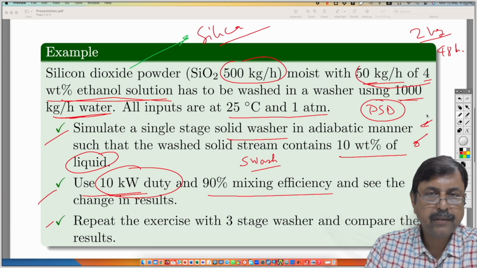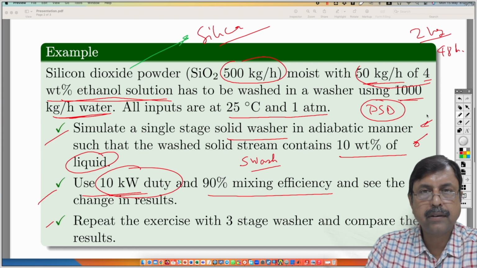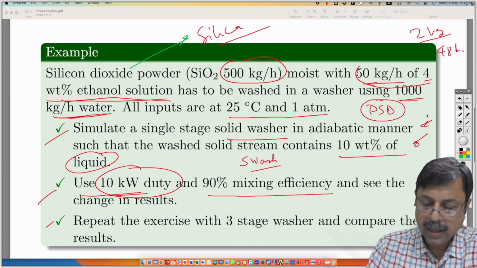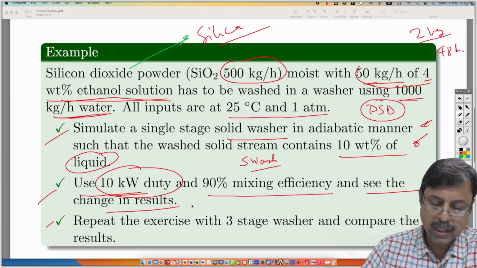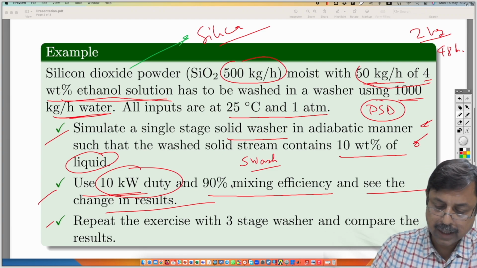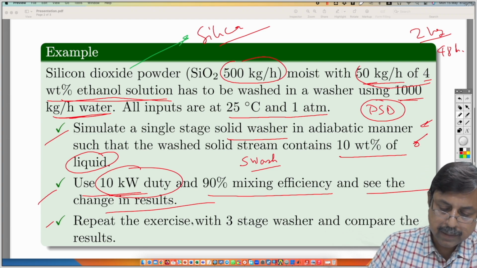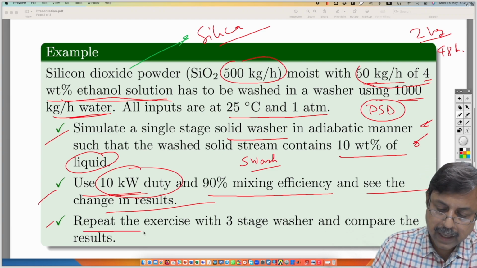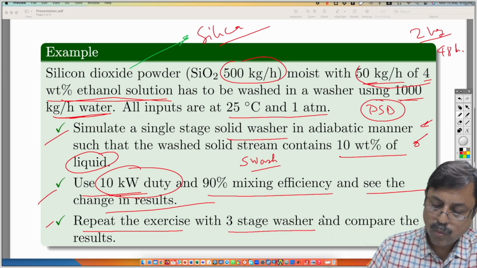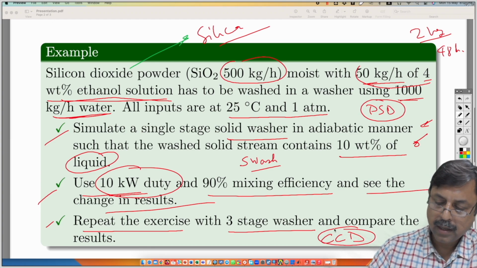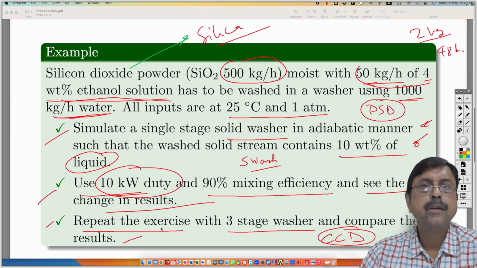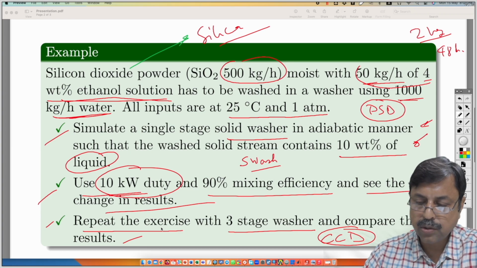In the second case we have to use 90% mixing efficiency, and we will see the change in the result. In the third problem we have to repeat this exercise with a 3-stage washer. That means we have to use a CCD block and compare the result. So this is the total problem that we have to solve.